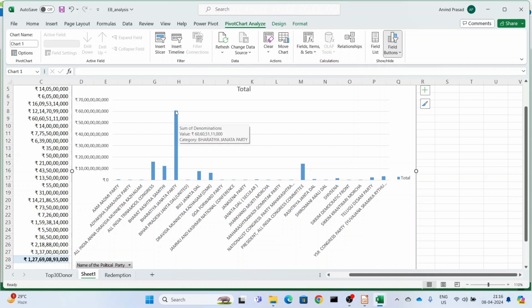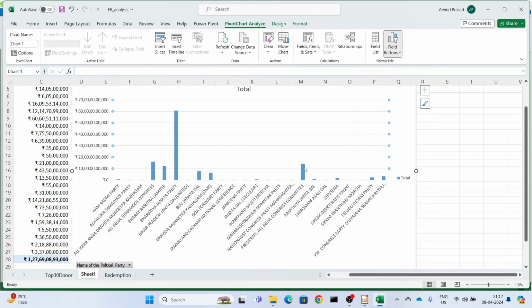Well, I know the political party which is in power definitely gets the highest amount of donations. But you see, we have competing parties now. The first amongst the competing parties, or let's say first amongst equals, is Trinamool Congress. And that's a surprise. Trinamool Congress, a regional party, gets the second highest donation.